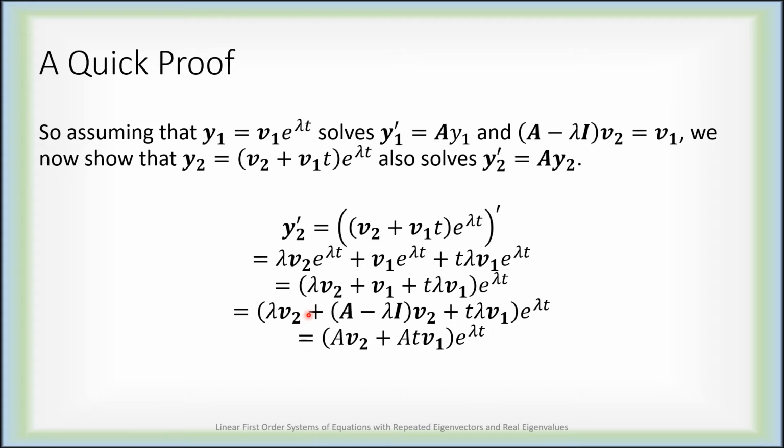So all we have now is A v2, and here we have lambda v1, but since v1 is a traditional eigenvector, lambda v1 is just A v1. Now I can factor the matrix A out on the left, and since v2 plus t v1 was just y2 times e to the lambda t, of course, we now have y2 prime is A y2.